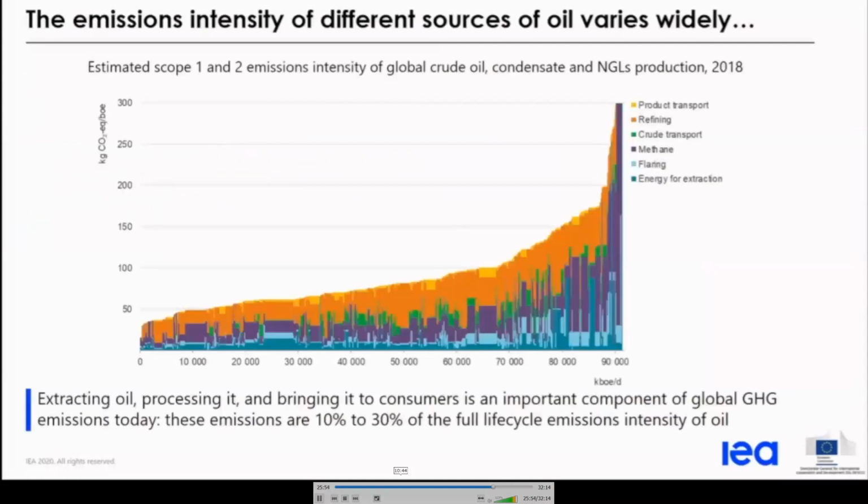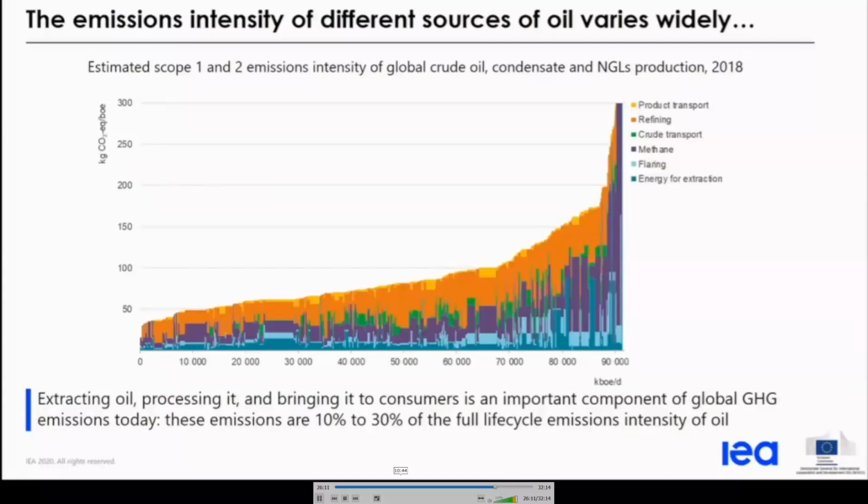The emissions intensity of the oil supply curve is shown here. We take a look at the estimated Scope 1 and Scope 2 emissions for the overall crude oil, condensate, and natural gas liquid production from 2018.